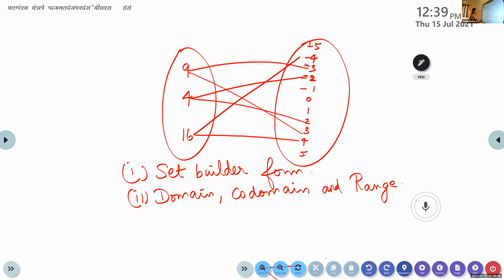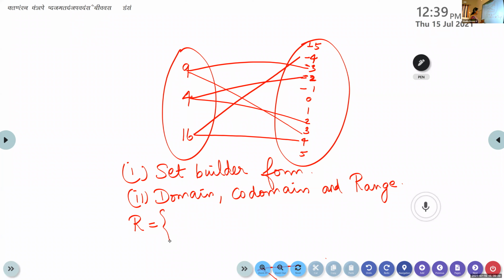What is the relation? Look there. From the first element, how will you get the second element? Or from the second element, how will you get the first element?